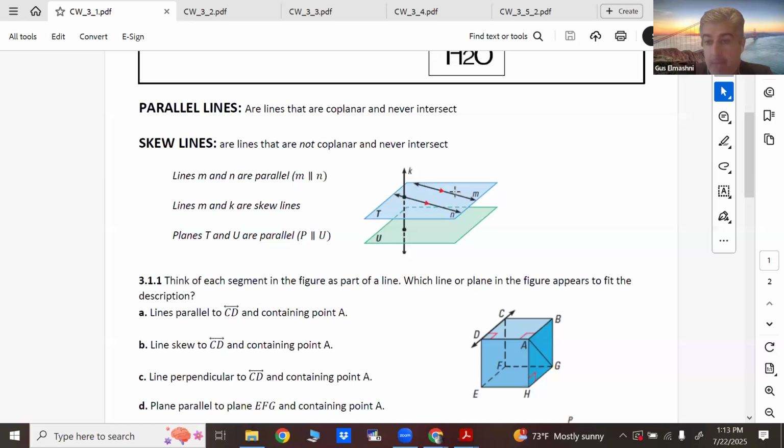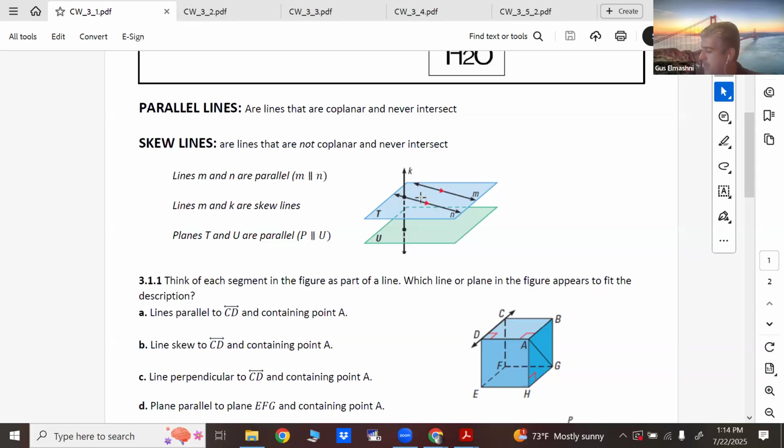So look at M and N, those are parallel. M and K are skew. I'm just fumbling my letters and words today. M and Q don't touch, but are not on the same plane. So we call them skew.